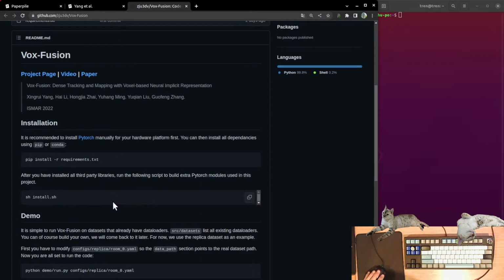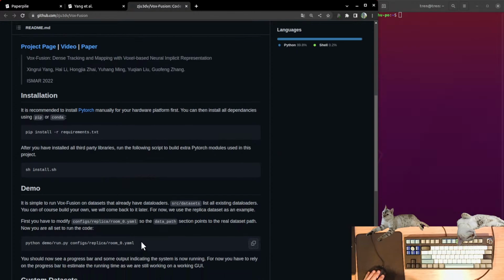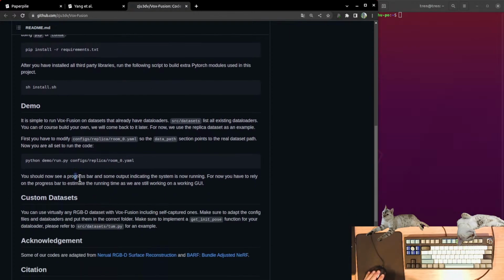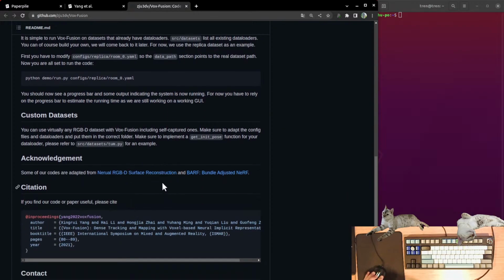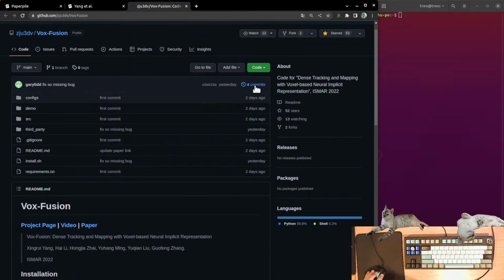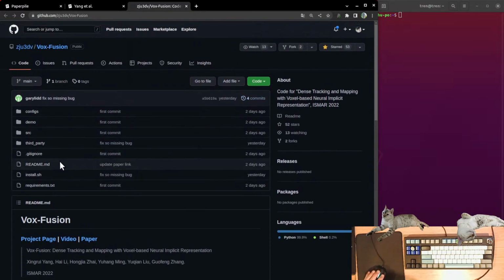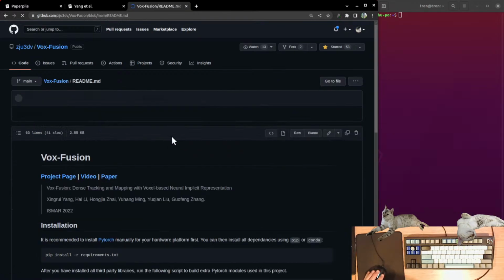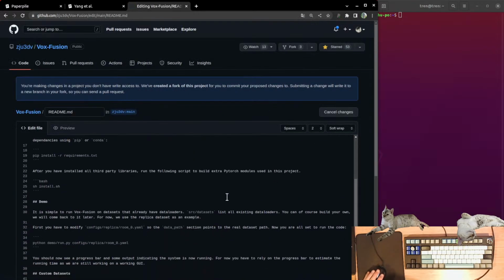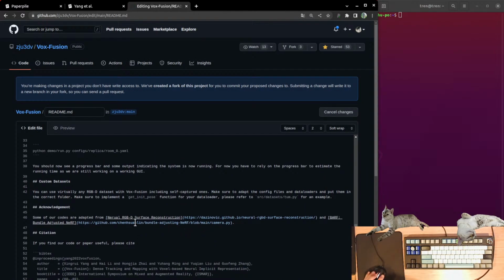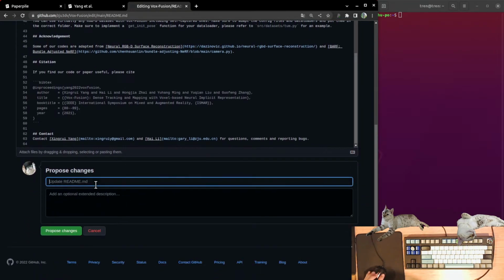Installed script to build extra PyTorch modules. We can actually edit this and fix their typo.